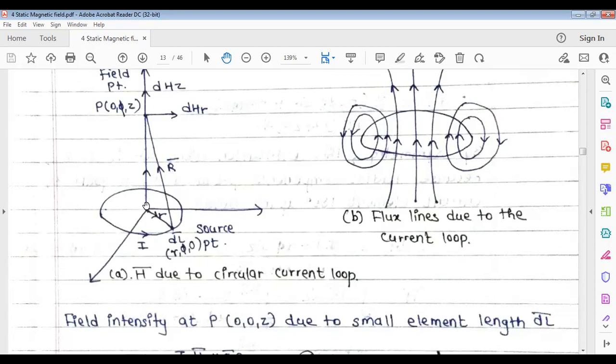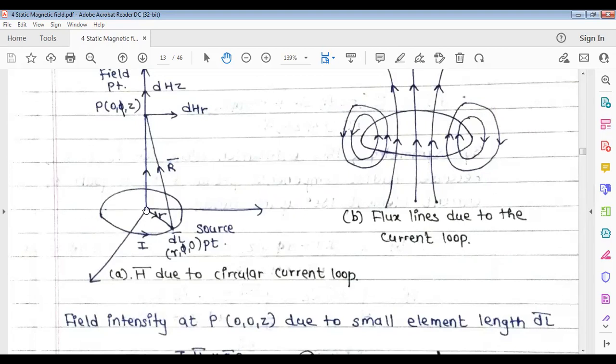If I consider one vector in the plus y direction, from origin to this point, the radius is r and the unit vector in the direction of that radius is plus a bar r. Similarly, if I go in the negative y direction, up to this point the radius is r, and the unit vector in that direction is minus a bar r.